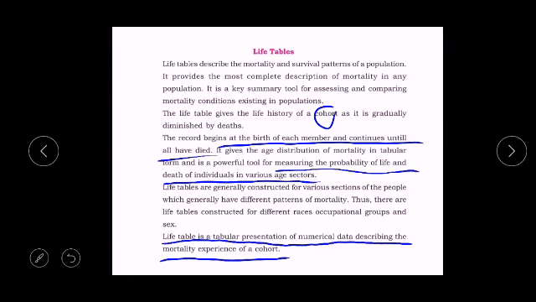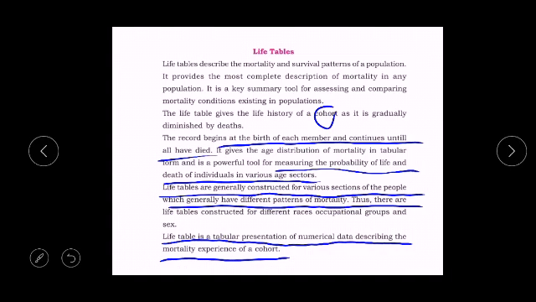Next, life tables are generally constructed for various sections of people, which generally have different patterns of mortality. So here, every day how many children will die, they will put in one table. Like that, different sections can be made: upper section, lower section, poor people, highly graduated people.